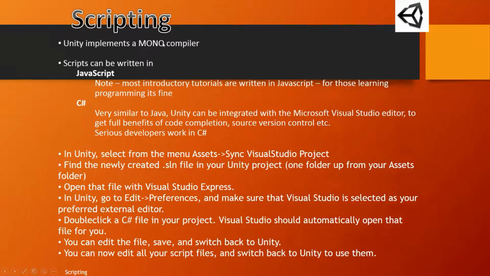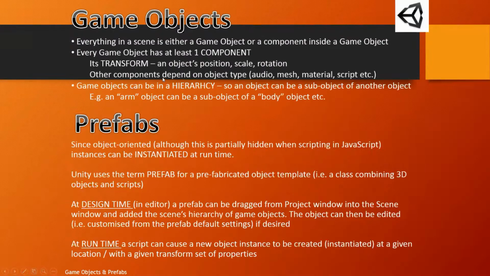It uses the Mono compiler, the open source part of the .NET framework called Mono, to compile either C# or JavaScript. So I recommend using C# because it's really easy to catch up. It's the same as if you're familiar with .NET development, still the same C#. You can easily catch up, and we can easily use that.